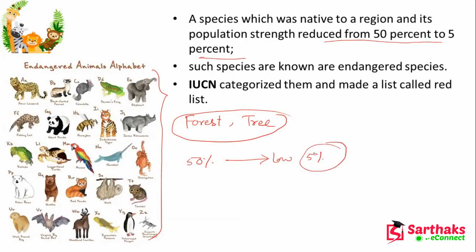So only 5% of those species are alive till now. These are endangered species. IUCN categorized them and made a list called the Red List, because these are going to disappear.